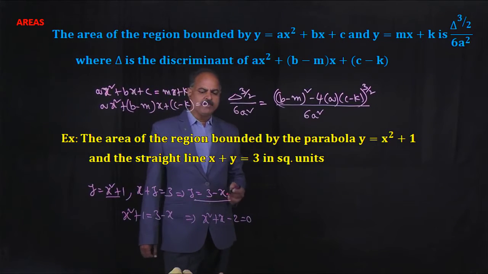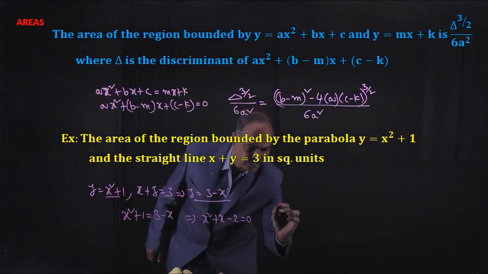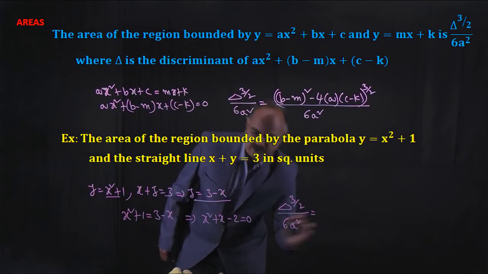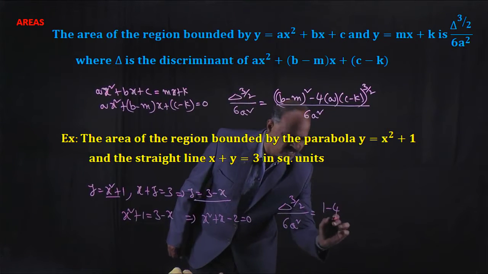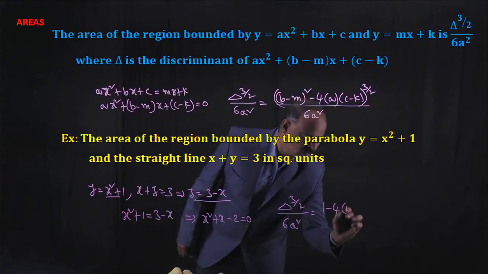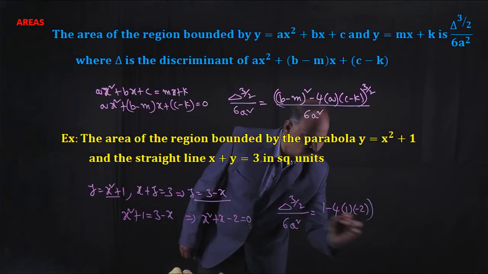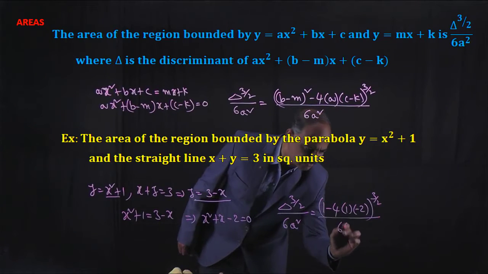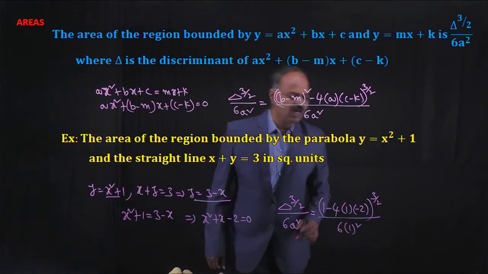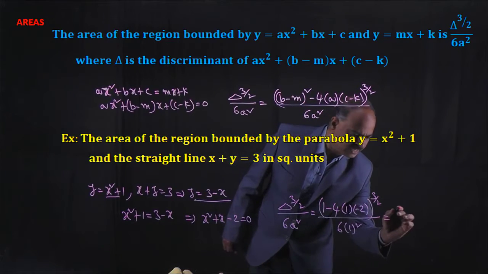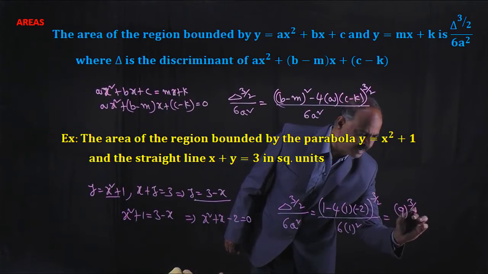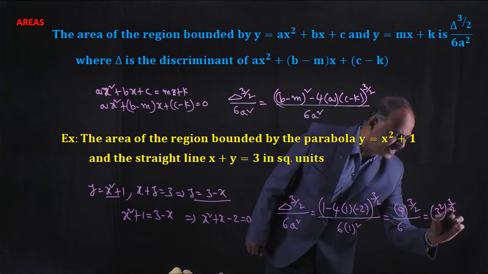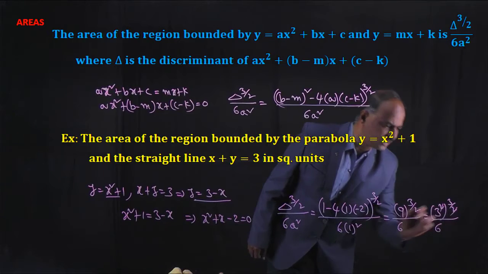Write Δ^(3/2)/6a², where Δ = b² − 4a(c − 2), that is 1 squared, whole power 3/2 by 6a², that is 1 whole square. Now this equals (8 + 1) = 9, power 3/2 by 6, that is (3²)^(3/2)/6. Here the squares get cancelled.